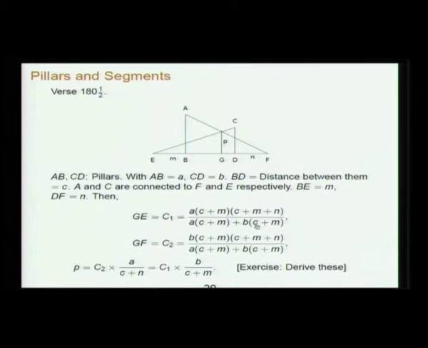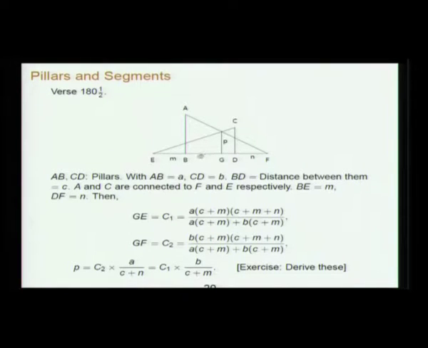Okay. So then pillars and segments. So this is also very evident; in Bhaskara later also you will see that a lot of time is spent in constructing various kinds of similar triangles and things like that.